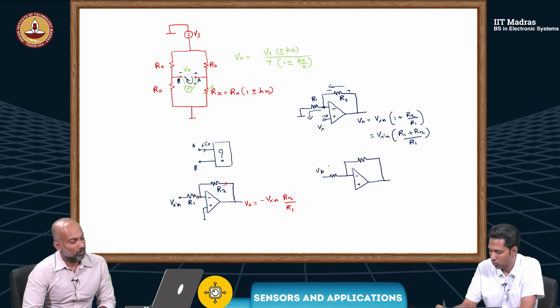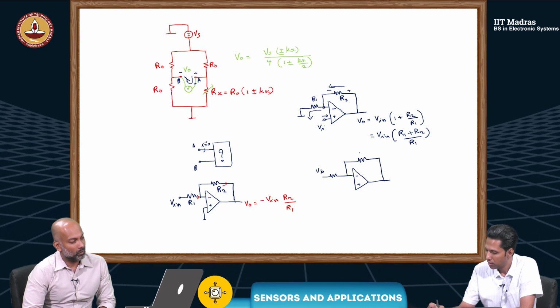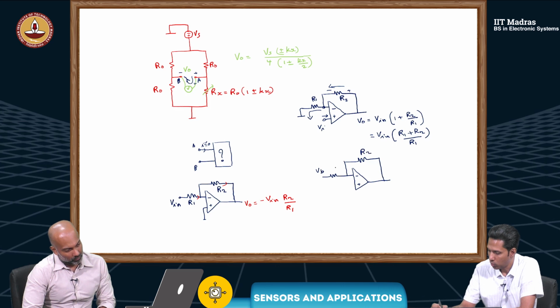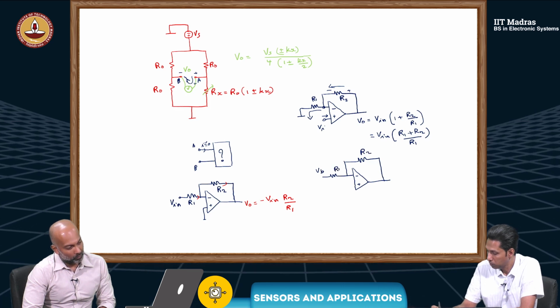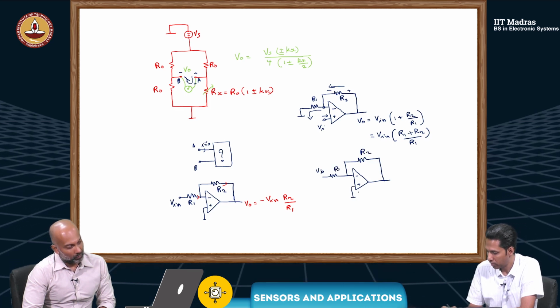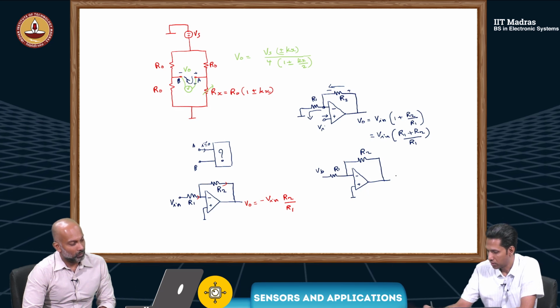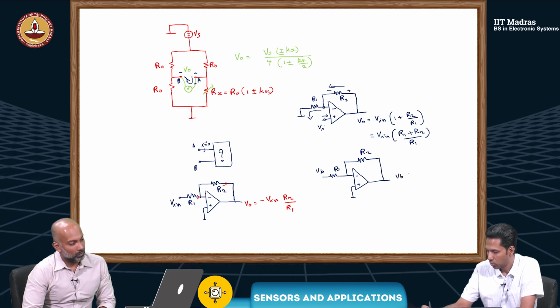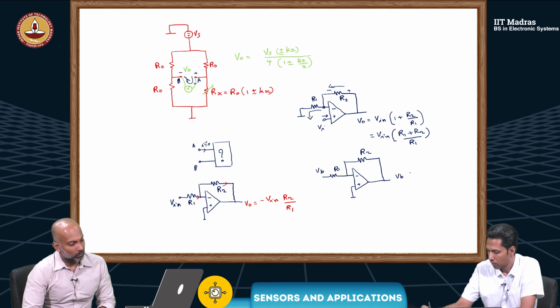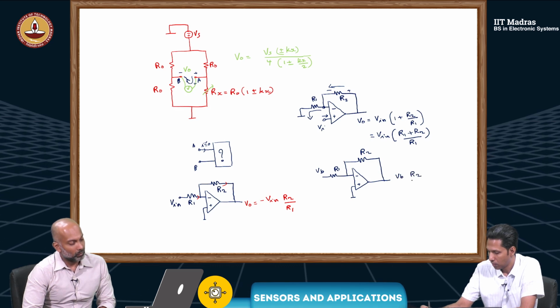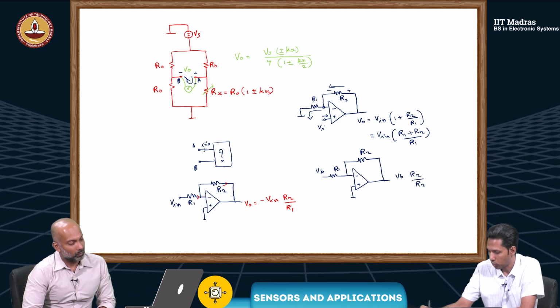Let's say this is a VB, some voltage, R2, R1. If this is grounded, we know the output, which is VB into minus R2 by R1.